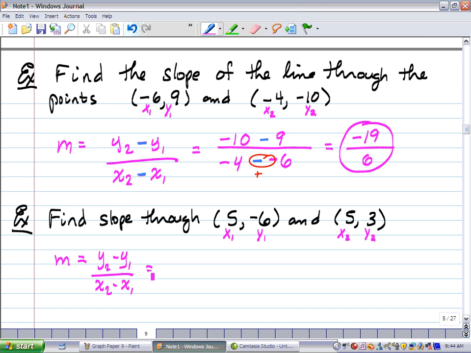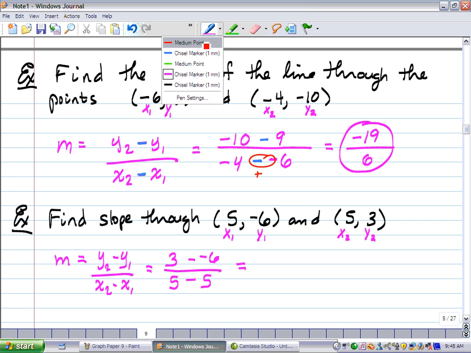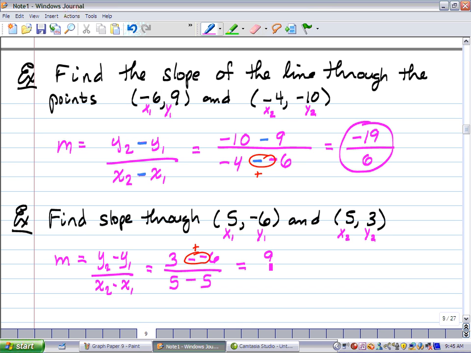That'll help me memorize it till it's in my brain. Okay, y2 is 3 minus, now I'm going to look at y1. y1 is negative 6. Right? x2 is 5, x1 is 5. Remember, two negatives together become a plus, so 3 plus 6 is 9.